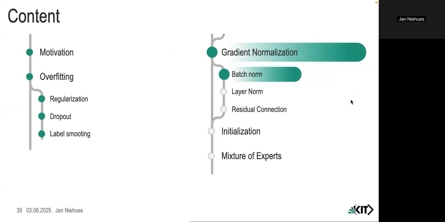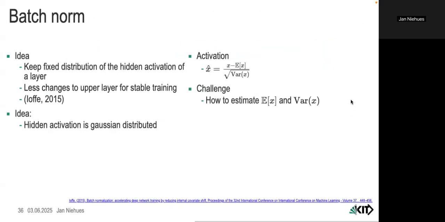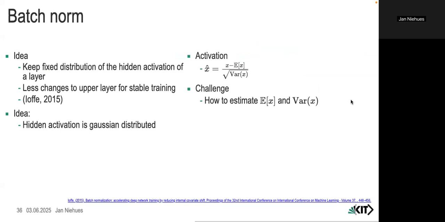Good. And with that, we would then go to the next part where we look into the training and where we more try to look at the gradients, try to normalize them or look that they're not getting too big or too small or something like that. And the first idea is, as I said, if we're now thinking about deeper and deeper networks, the lower layers are the input to the upper layers.